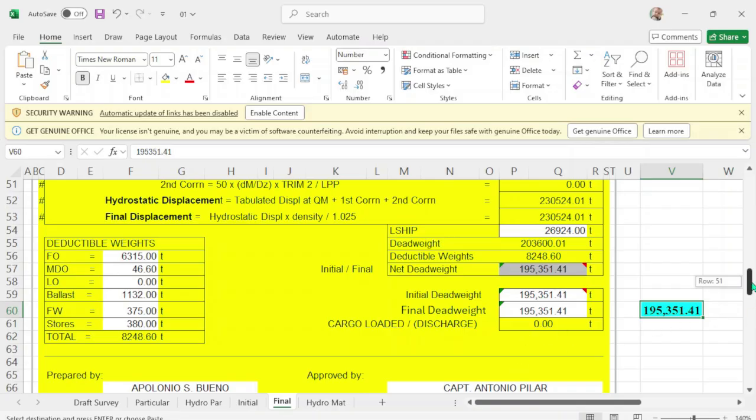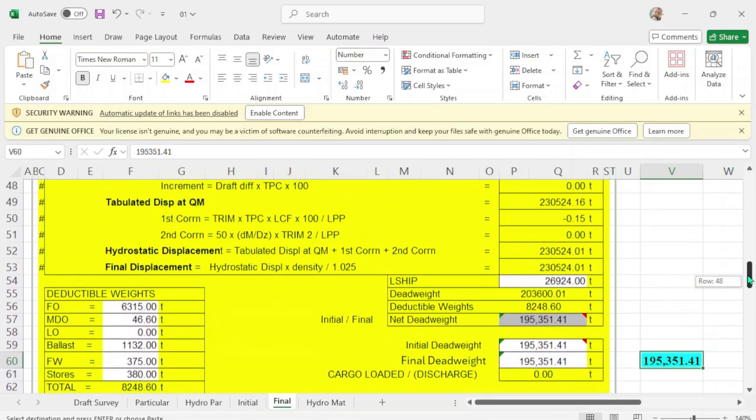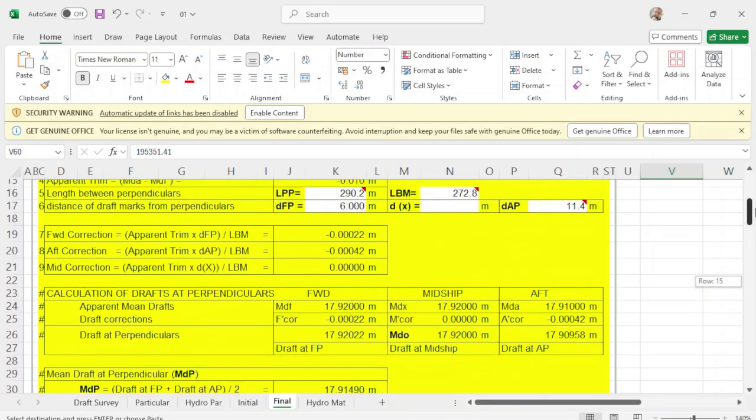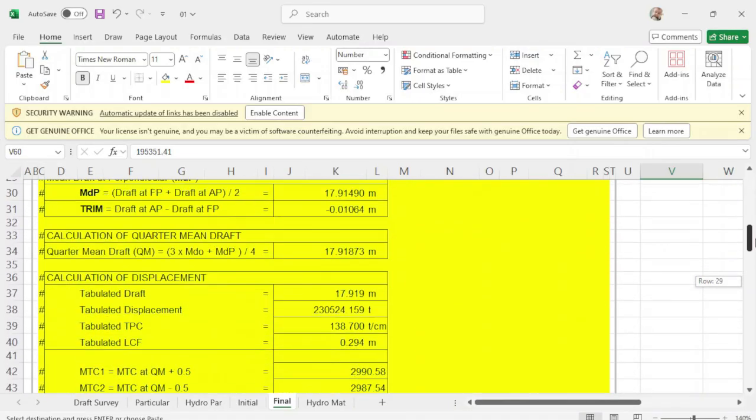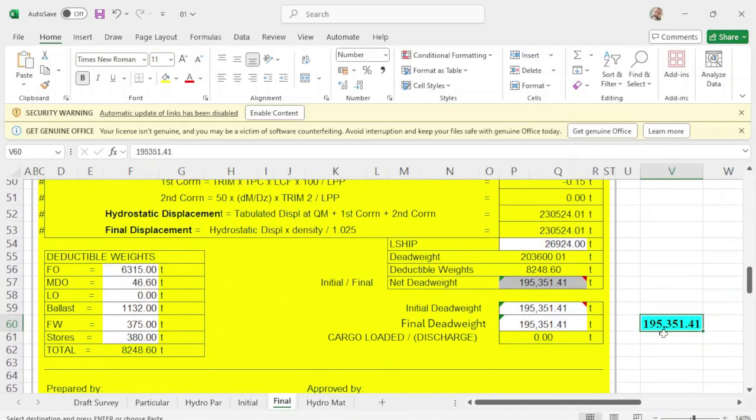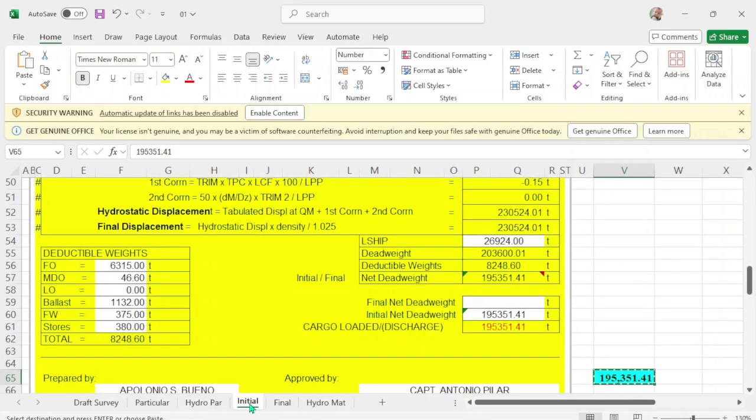Okay guys, this is how you check your draft. If there's an error in the format, and if the cargo is the same, this is how it looks when your draft is in good condition. So 0 here, your cargo is 19535.1, and this is your initial, and your cargo is the same. Okay.